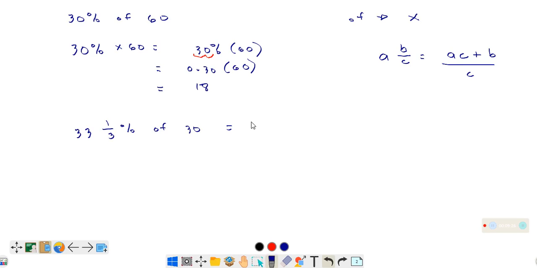And then, we divide it by the denominator, C ulit. So, dito, ano yung value natin? We have 3 times 33, we have 99 plus 1 over 3. Nakukuha? So, ito yon.